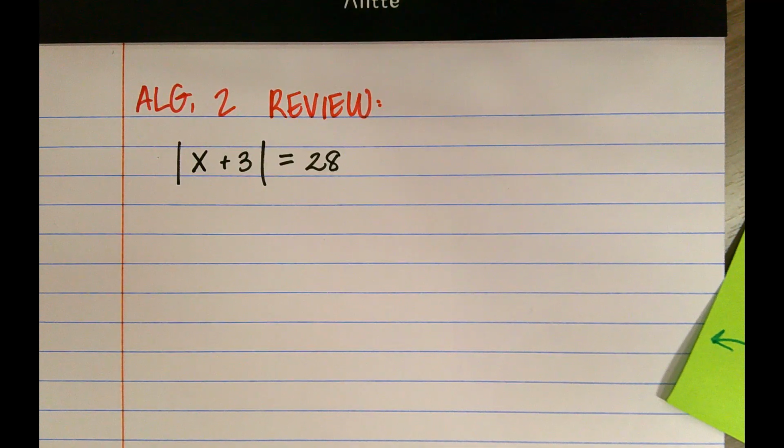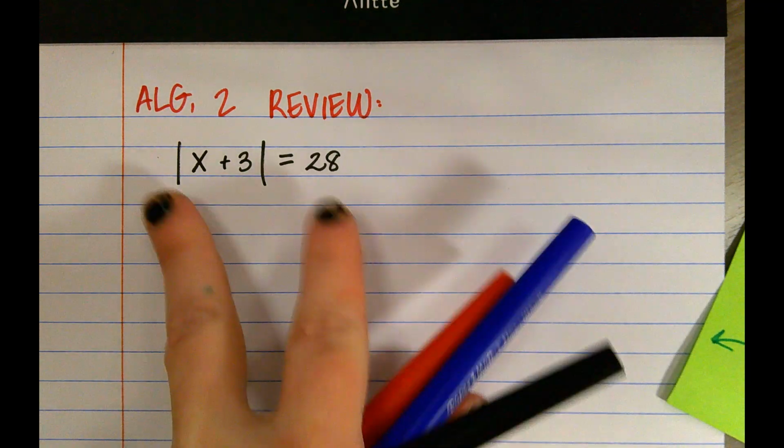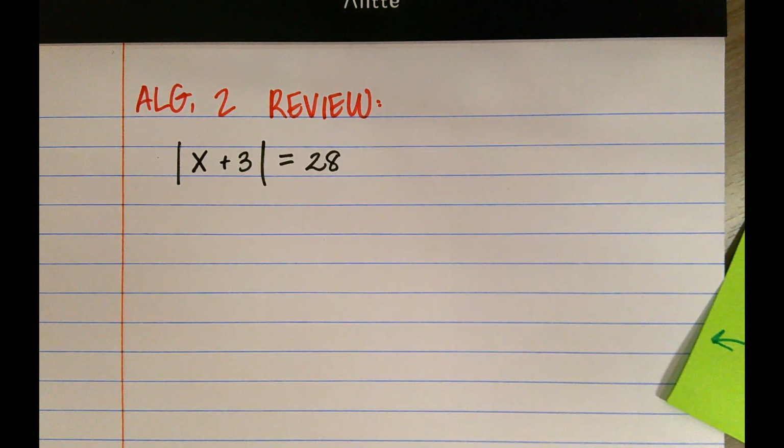Cancel out the 3. I will cancel out the 3, but before I do that, what do I need to do with the equation as a whole?